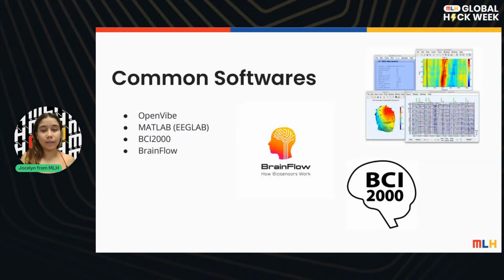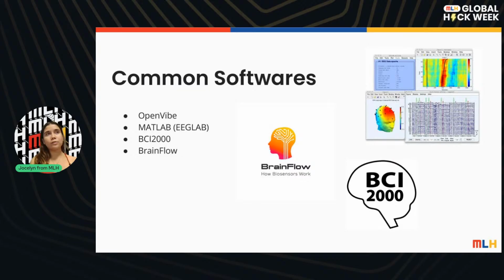So let's move on. Some of the common software that are used, we already learned about OpenVibe and how to use it, but there's more. OpenVibe is not the only one. There's also MATLAB. They have a special toolbox called EEGLAB, which is pretty awesome, to be honest. Then there's also BCI2000, which is another one that's used in order to test brain-computer interfaces and build your own projects.